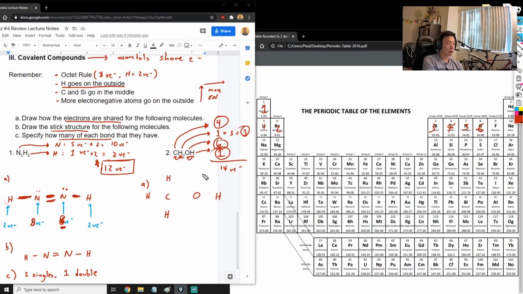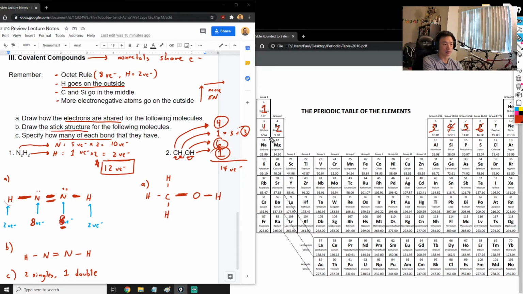All right, now what we are going to do is draw lines in between all of the atoms. So we said that the H's are going to be connected to the C, and this H is probably connected to the O. And in order for it to be a molecule, all of the atoms need to be connected together. So we're going to connect the C and the O. We said that we have 14 valence electrons to work with. What that means is we need to make sure we count how many lines there are.